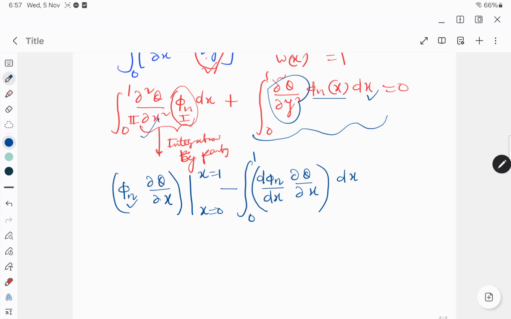So we get d2 over dy square of the integral from 0 to 1 of theta and phi n x. Theta is a function of both x and y, so we keep it here, and d2 over dy square is independent of x, so we have taken this operator out. So the integral of theta phi n dx is equal to 0.